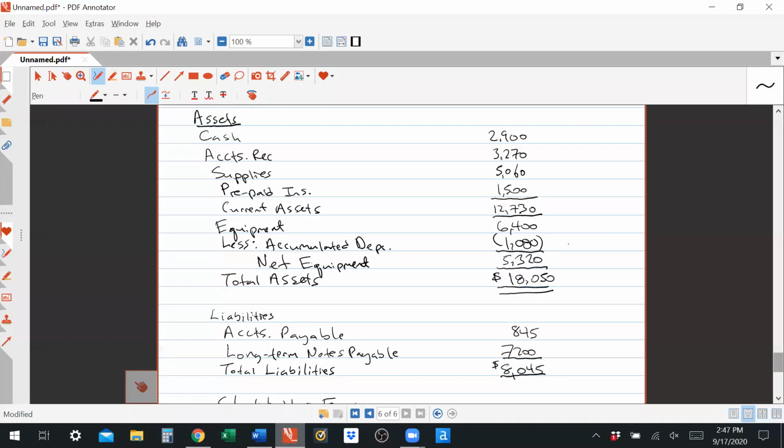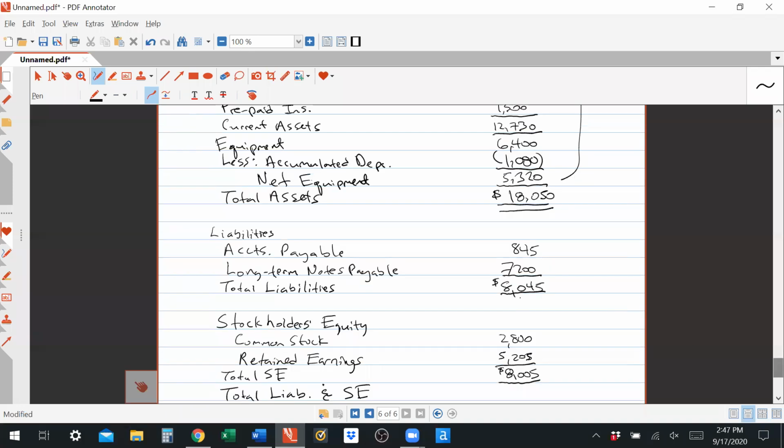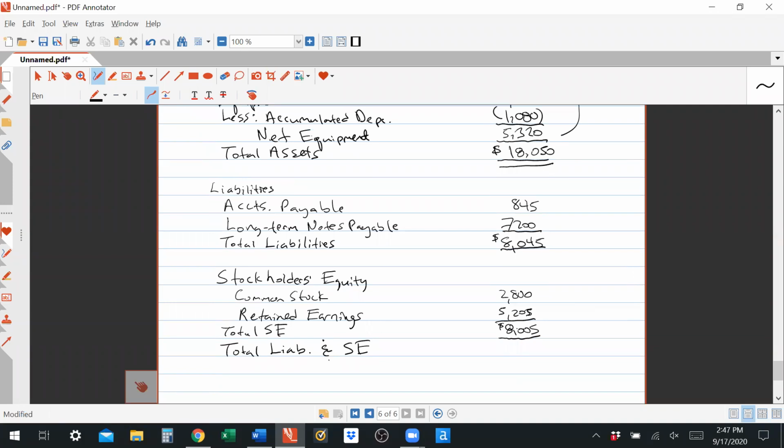Maybe whenever I added all this stuff up, maybe I added them wrong. But clearly this number right here, 8,045, that's the total liabilities. That number was right? Plus, this should be 16,050. And this number should be the same.